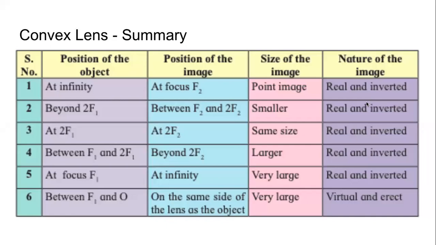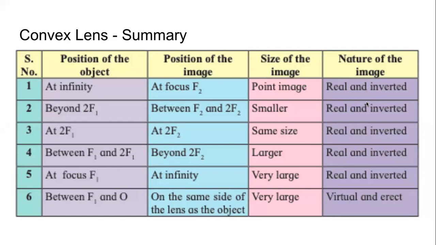That was the ray diagram representation of formation of image, and this is the tabular textual representation of formation of image. It's the same information, now written, not drawn. 6 cases, and we describe the cases with respect to the position of the object, position of the image, that is location, size of the image, finally, nature of the image.